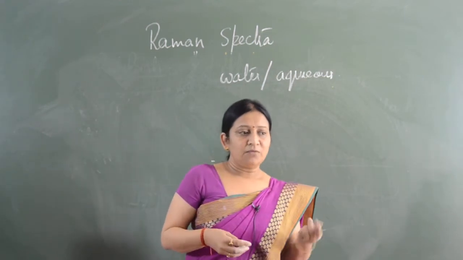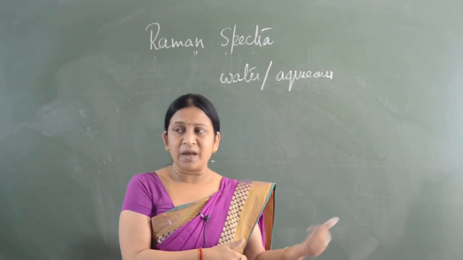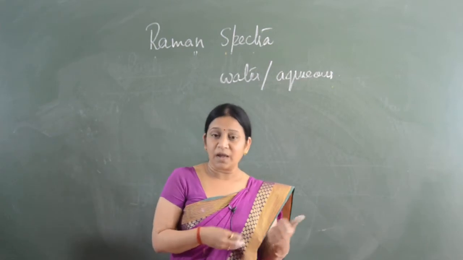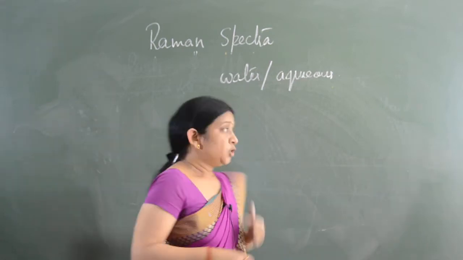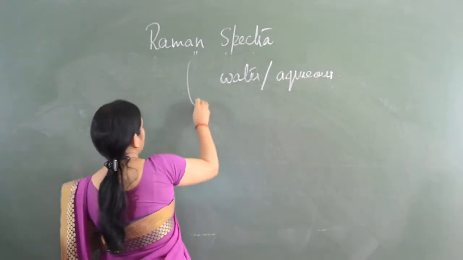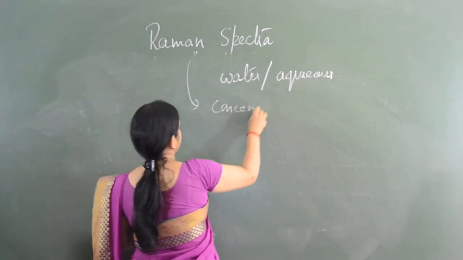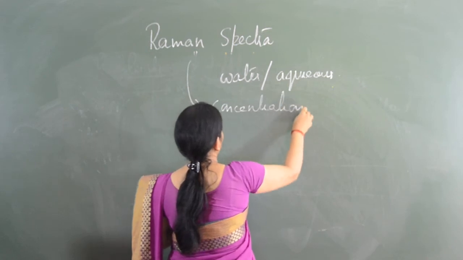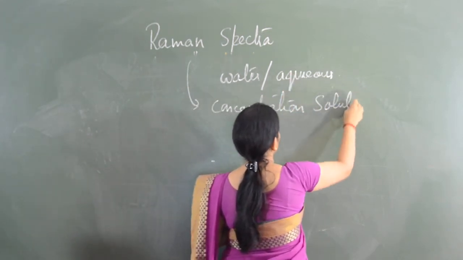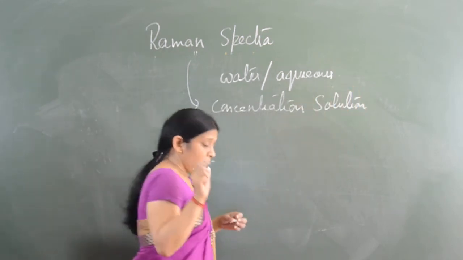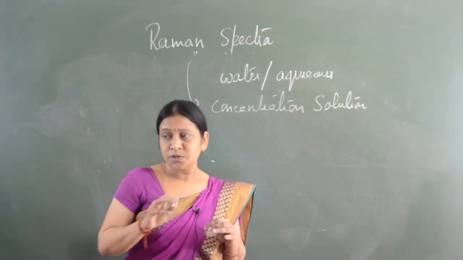Secondly, because one of the Raman scatterings, which is anti-Stokes lines, is of very weak intensity, to carry out Raman spectra we require concentrated solution. So Raman spectra is always carried out in concentrated solutions. We cannot carry out Raman spectra in dilute solutions.